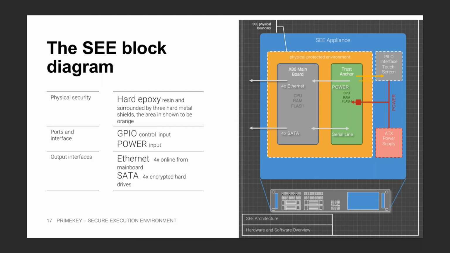You see that we are now talking about the hardware level. We have the x86 main board on the left-hand side of the picture, the gray part, with the output connectivity of the 4 Ethernet cables and the 4 SATA cables to connect hard drives to this main board itself. And then we have the trust anchor.